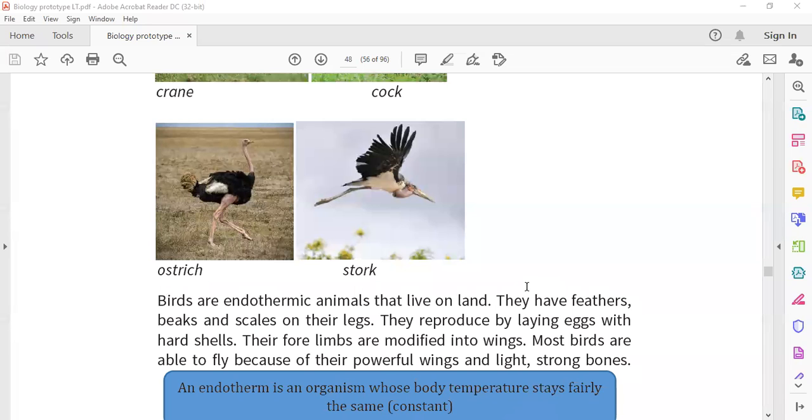Teacher, can I consider internal fertilization as a key factor? Yes, it is true with this group, and we can take it, because other groups like the amphibians and the fish don't have it.